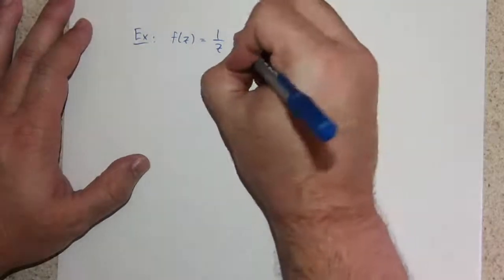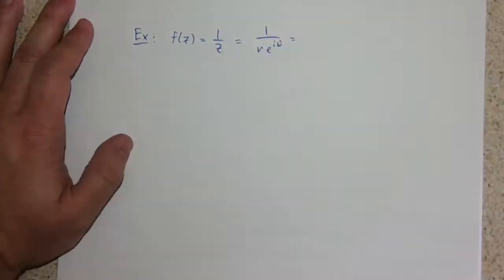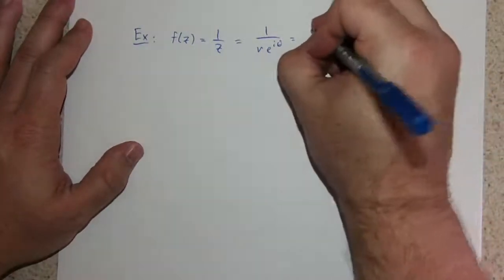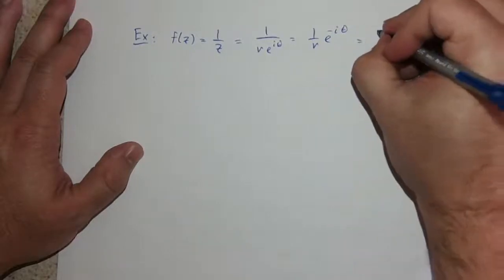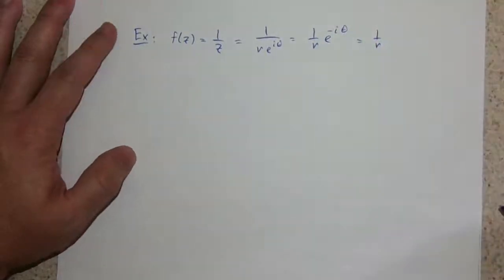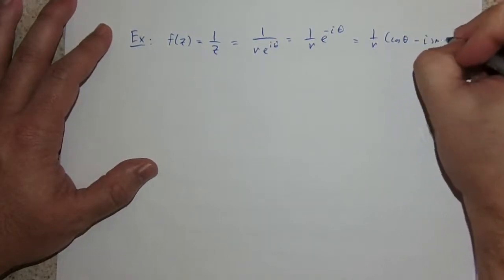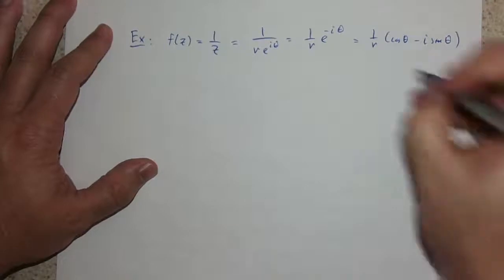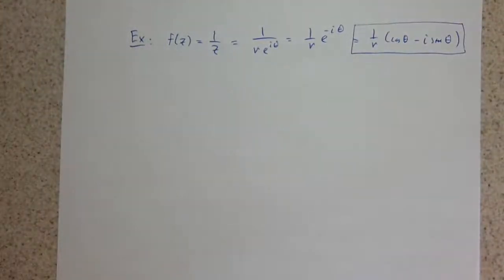So if I write this in polar form, this is just 1 over r e to the i theta, which I can rewrite as 1 over r e to the minus i theta, which of course I can write as 1 over r times cosine theta minus i sine theta. Right, so this is an example of a function of a complex variable that has a nicer expression in polar form than rectangular form. Okay, so there it is.